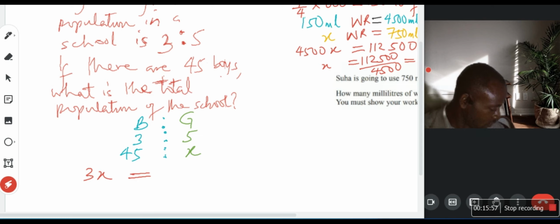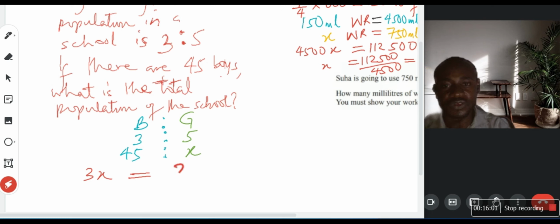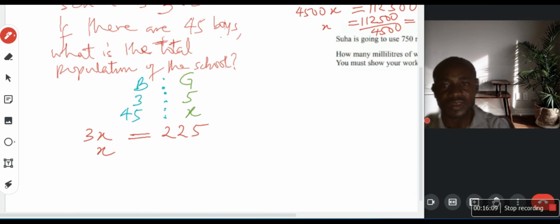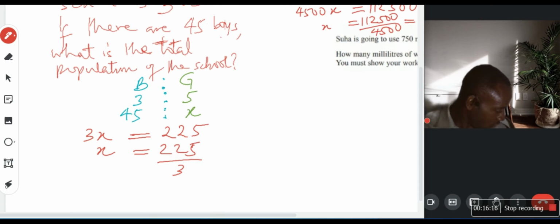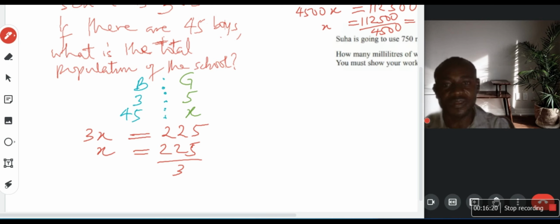45 times 5 gives us 225. So X will be equal to, divide both sides by 3, 225 divided by 3. That gives us 75.